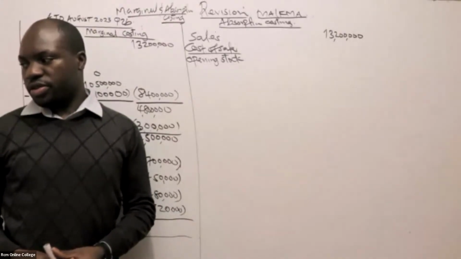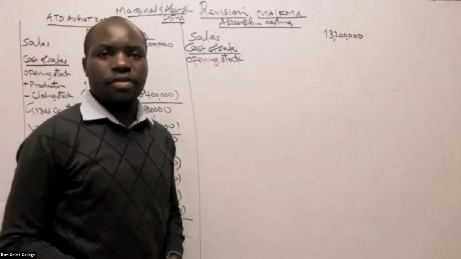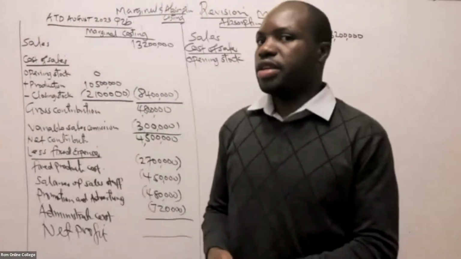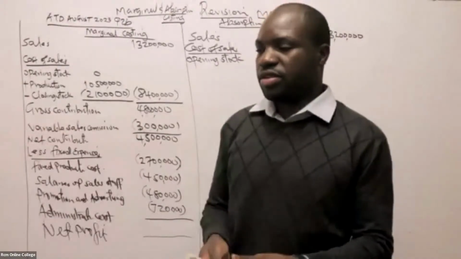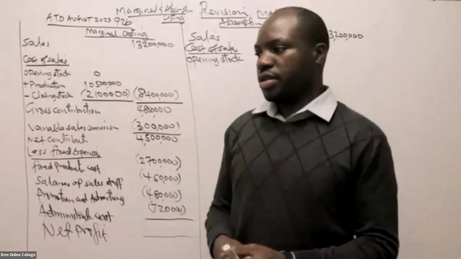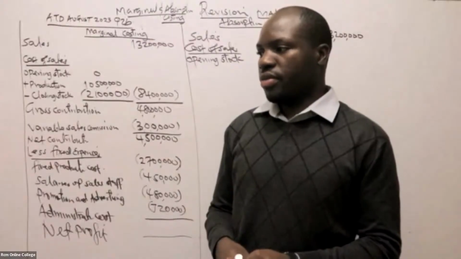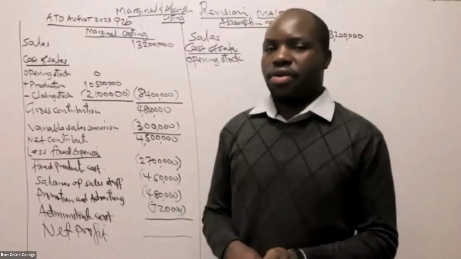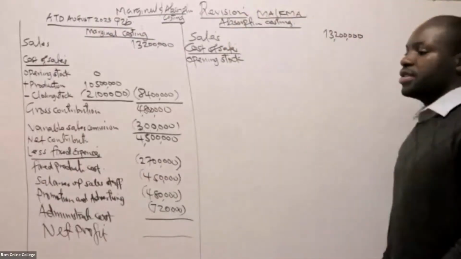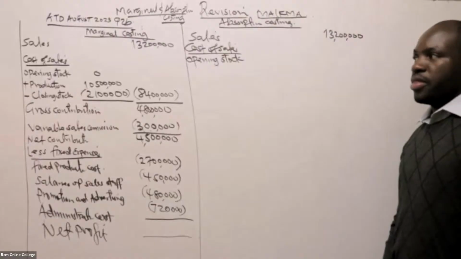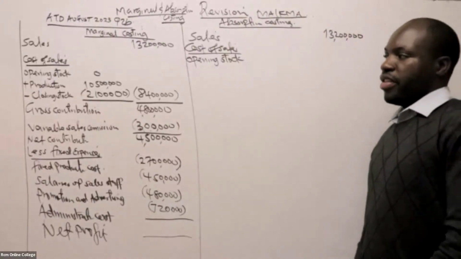Marginal cost and absorption cost figures were done during the first part of this class, the first 5 minutes. So how did we get the 350 that we are using here?